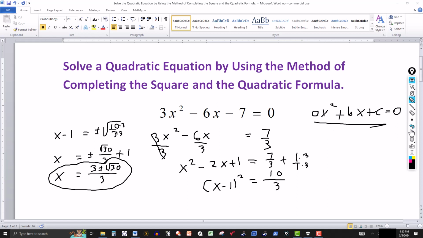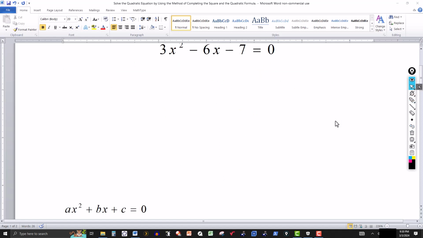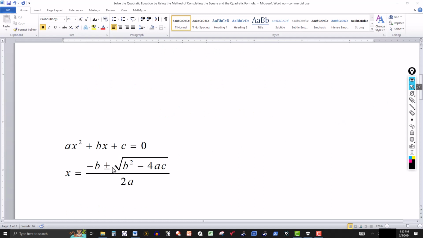So if you know how to use the method of completing the square, then you should know how to use the formula to solve this equation. So that's what we're going to do next. If I use the method of completing the square on this equation, letting a, b, and c be numbers, we'll get this formula.